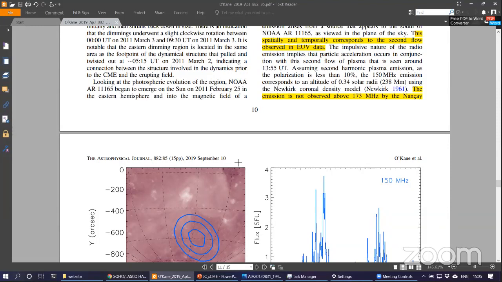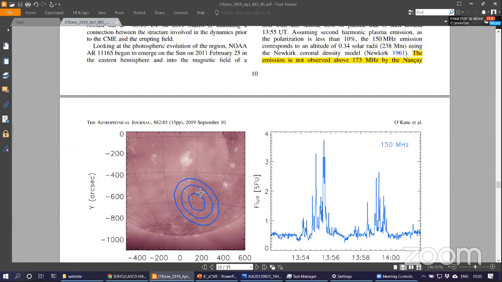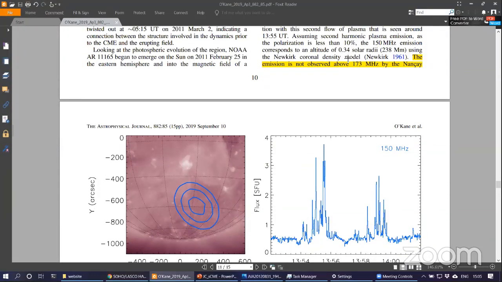For this particular event, the second event, they had observed some emission at 150 megahertz. They tried to localize it, and it turns out it is also in the near vicinity of that particular active region. Moreover, the height at which this emission was observed was around 1.34 solar radii, or should I say, 0.34 solar radii above the surface of the Sun.